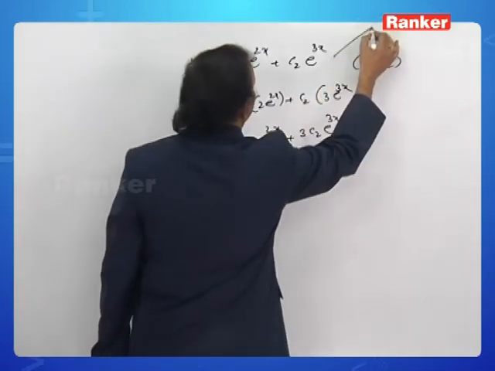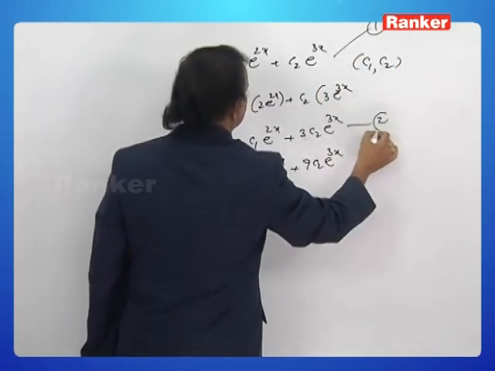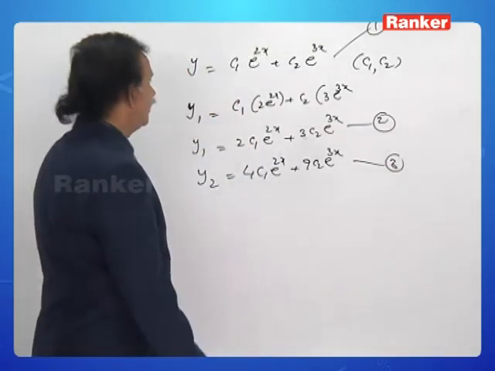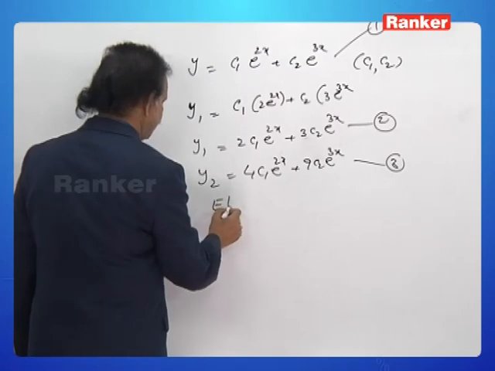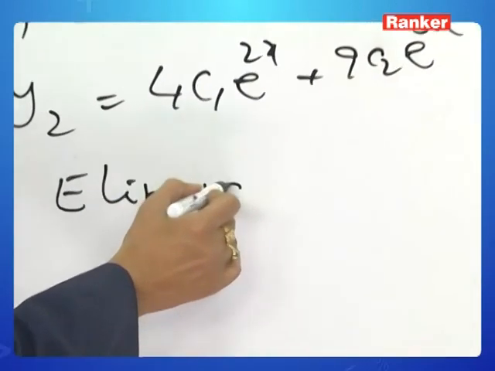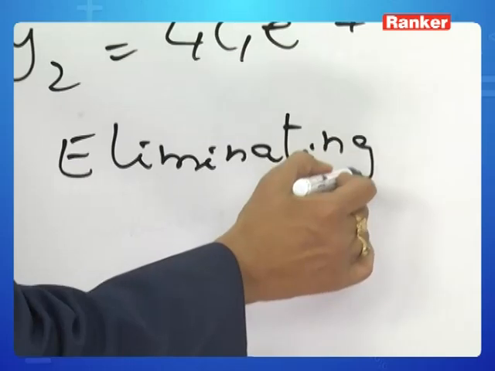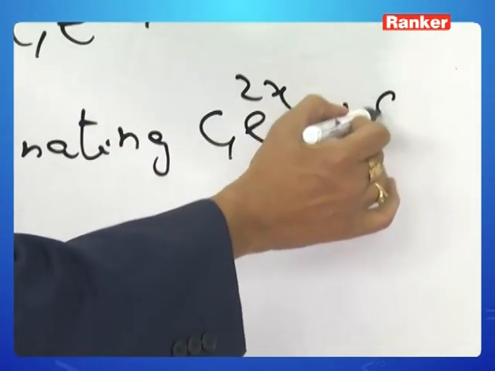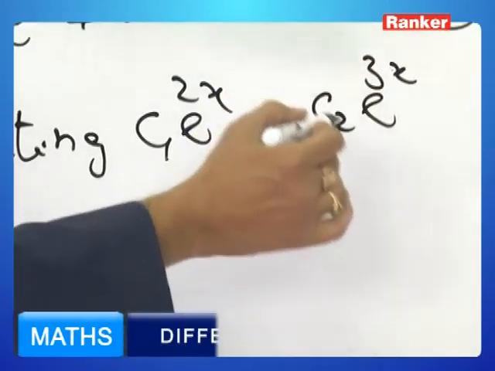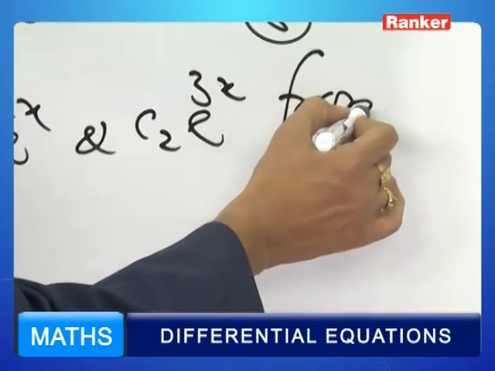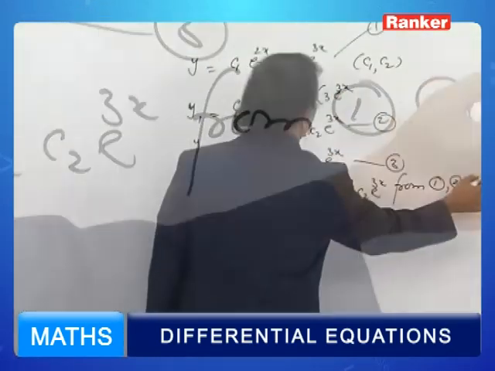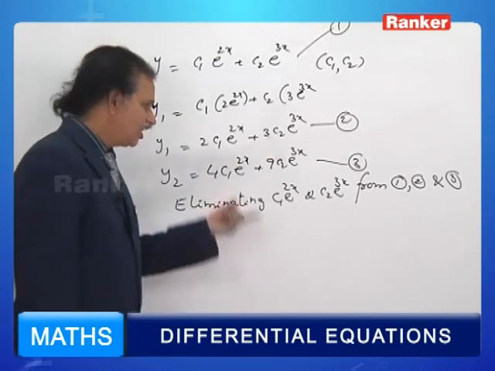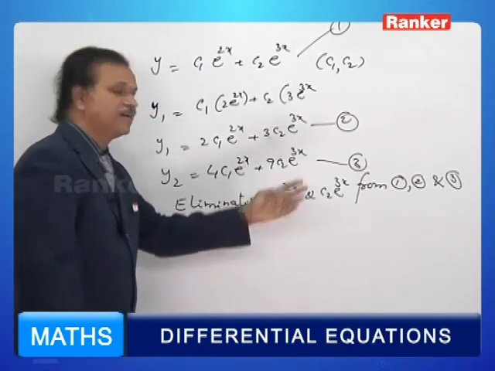Yes. Now call this 1, this 2, this 3. Now you are eliminating C1 e power 2x and C2 e power 3x from 1, 2 and 3. At a stretch, in one single step, we can eliminate these two. How?